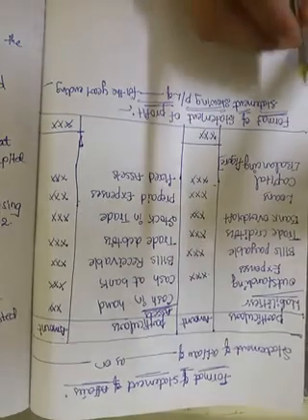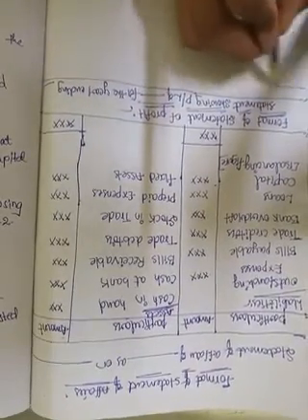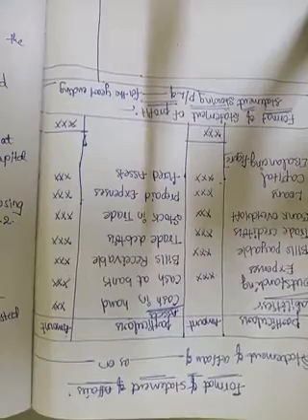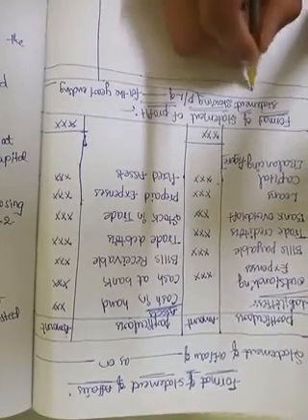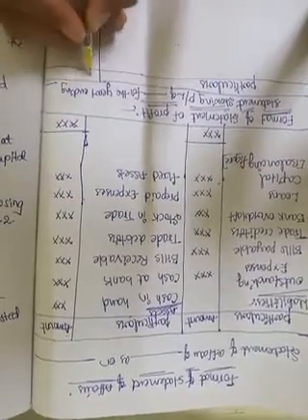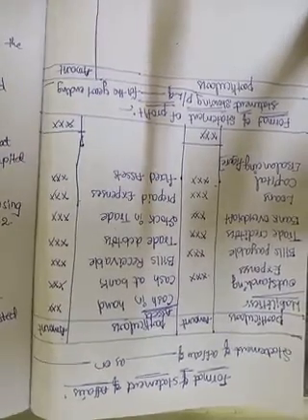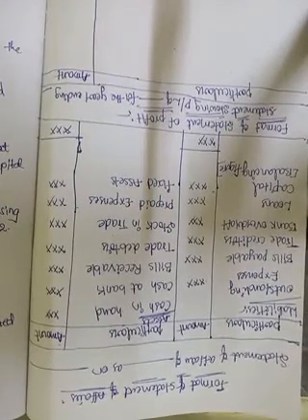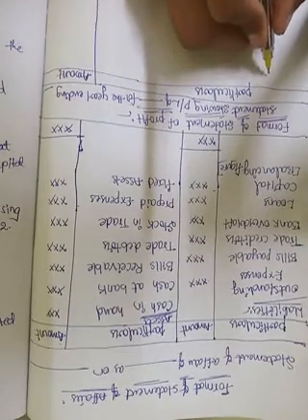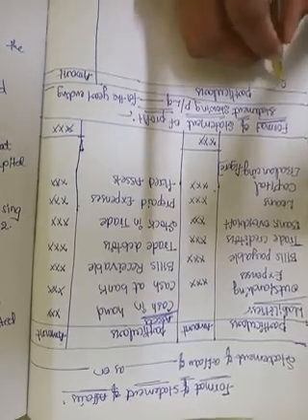The next is particulars, amount. Here, the first item will be the capital at the end of the year, means closing capital.